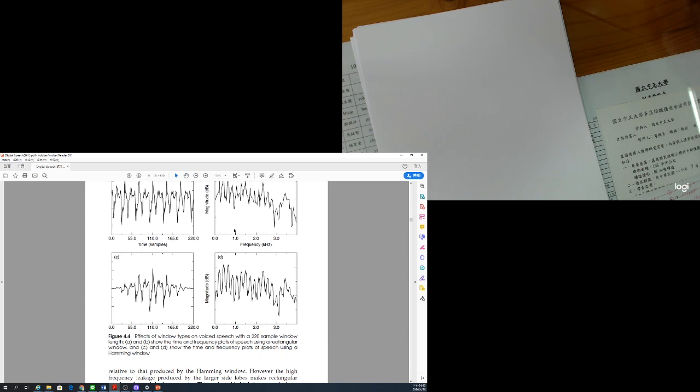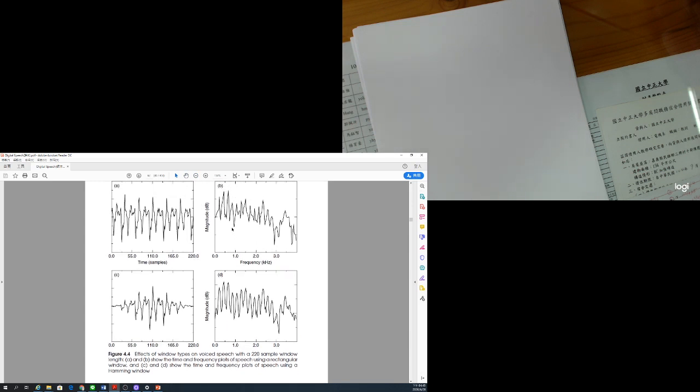One more: here we are using two windows. One is the rectangular window, the other is the Hamming window.